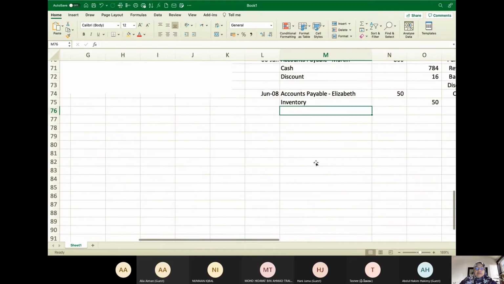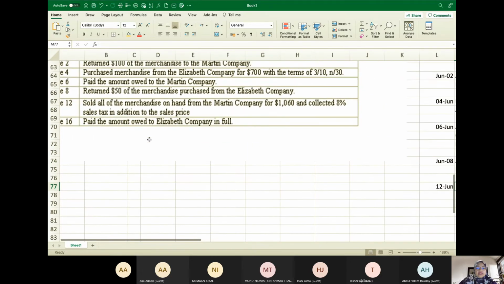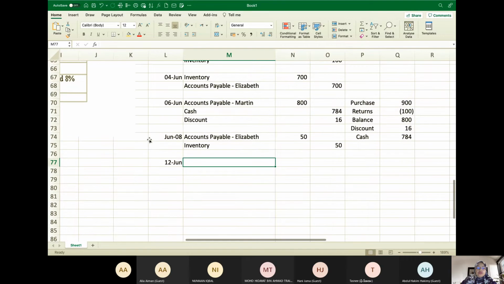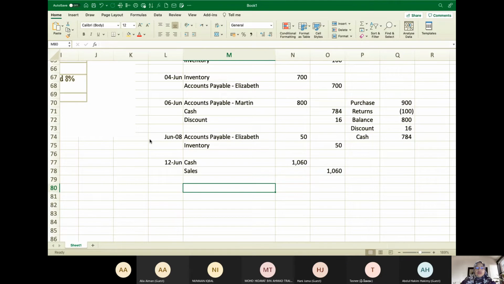When is that? June 12. So the entry for June 12, the first one is going to be cash sales. This one is all cash sales. So you receive cash of 1060 from the sales. But then you have to record your COGS and you also have to record your inventory.